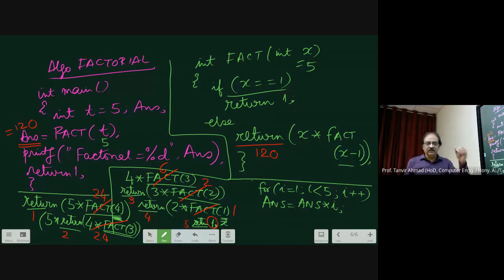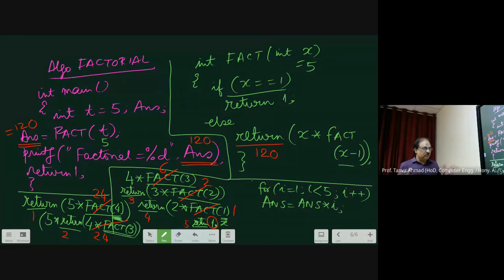Because the return has ended, there were internal returns, and once the final return comes, answer is equal to 120, and here the answer will be printed as 120.